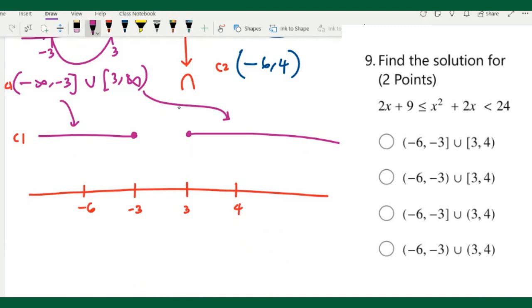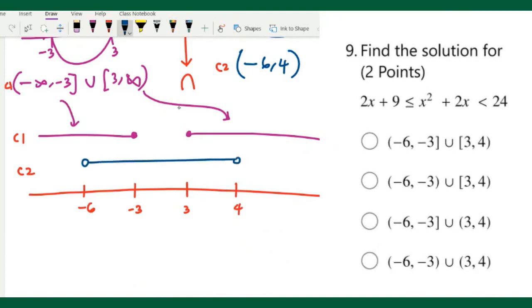So dia mesti sebaris. Okay. Untuk case 2 pula, okay, jawapan dia from negative 6 tak termasuk ke 4. Tak termasuk. Okay. Okay, now look for intersection between these two cases. So dia intersect kat mana? So pasalnya intersect kat sini.